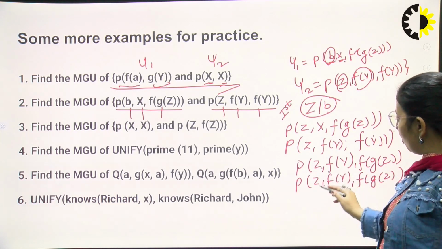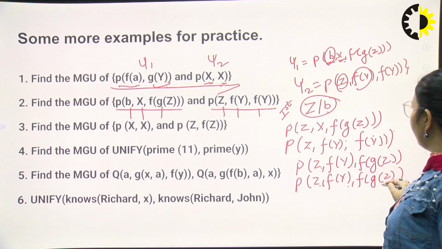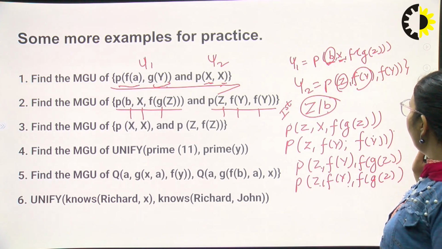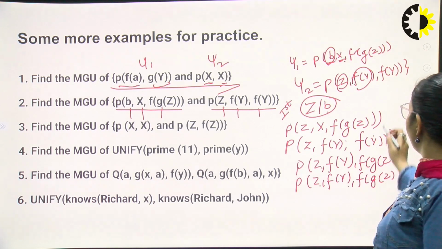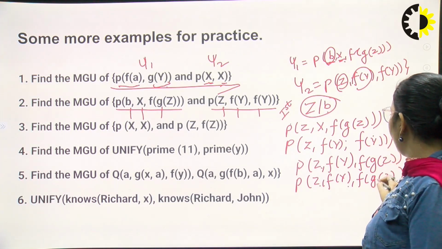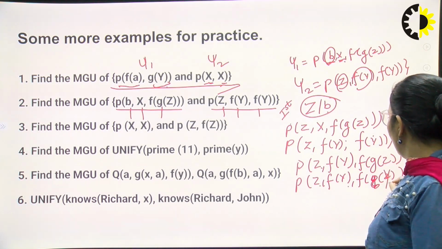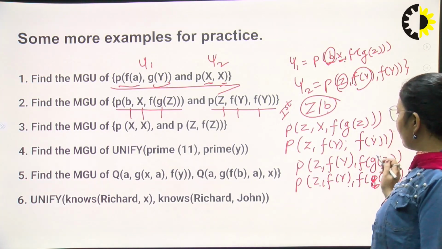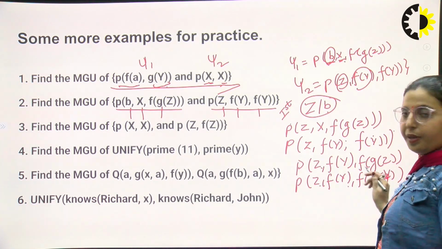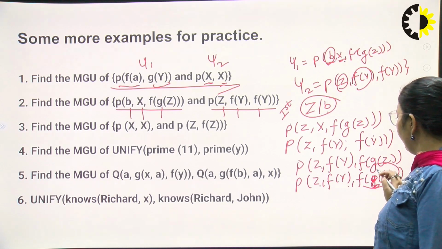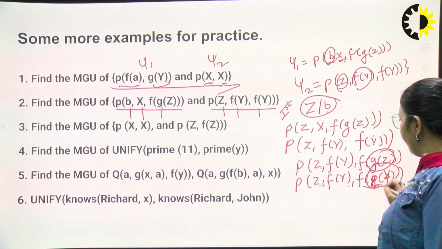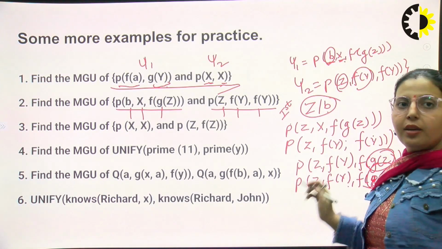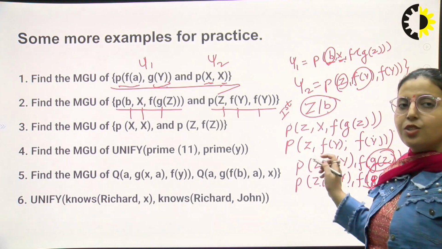Here these two are the same, and this is already the same. Here it is F of Y, and here there is only the function. So instead of Y, we can replace it using G of Z.